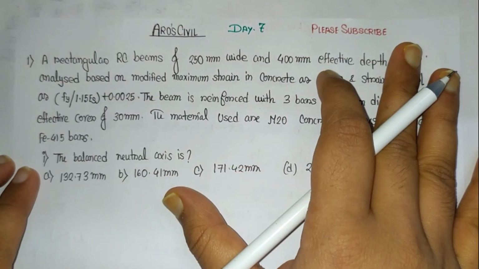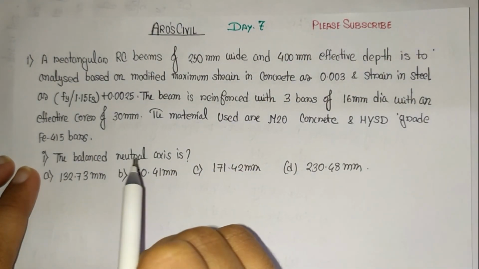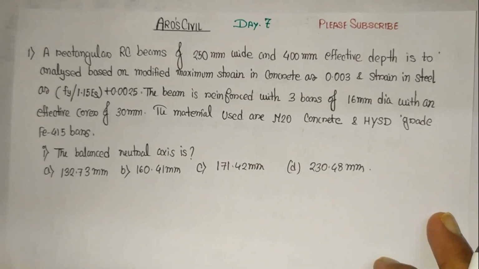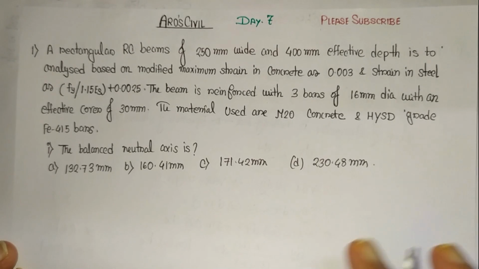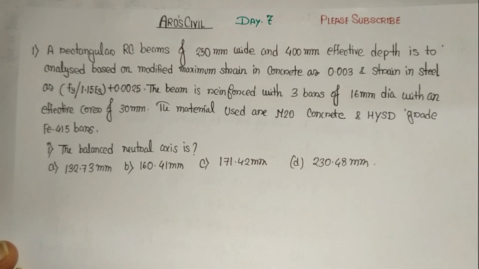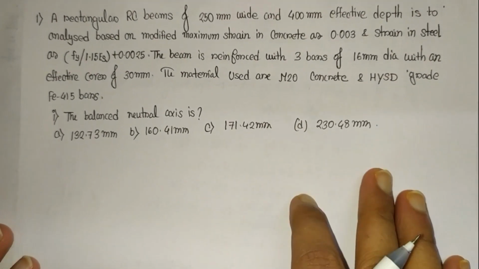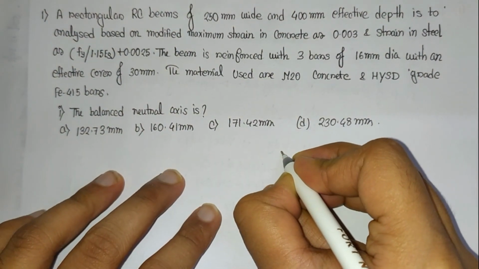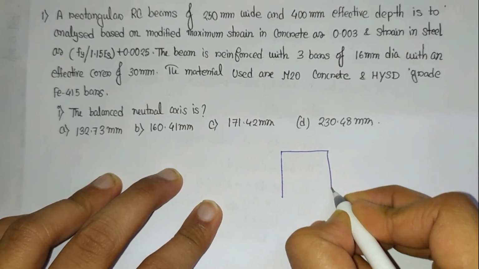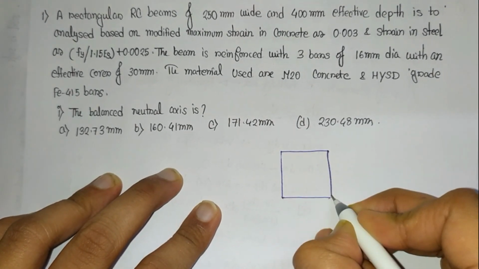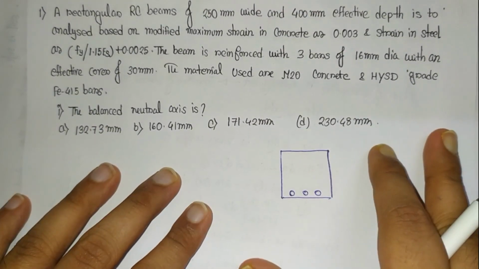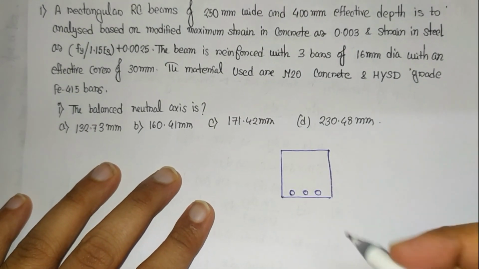We have to find the balanced neutral axis. At first let us draw the beam diagram, and then the strain diagram.